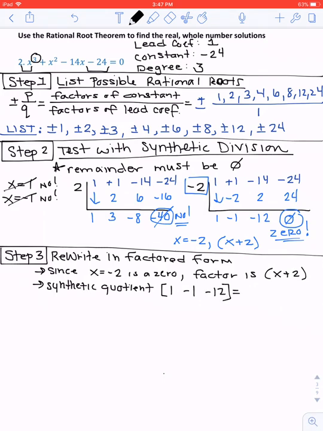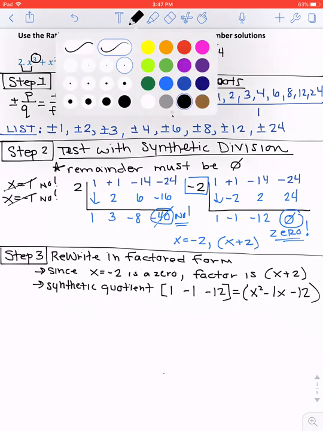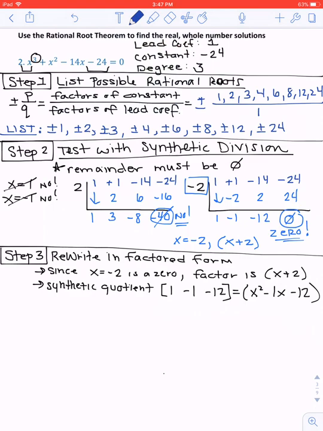How do we rewrite that? 1x squared minus 1x minus 12. So we have x plus 2 times x squared minus 1x minus 12.